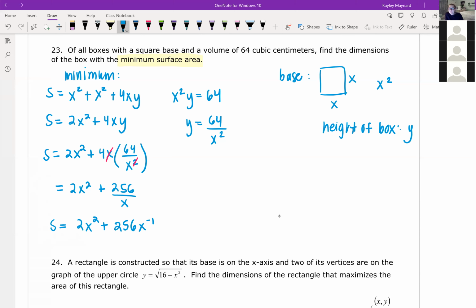On the last problem, I said you were able to identify the domain based on some stuff you were given. However, we're not really able to use anything that we're given to say that my x has to be between certain values. The only thing that we know is the volume. So the domain here is actually just 0 to infinity.